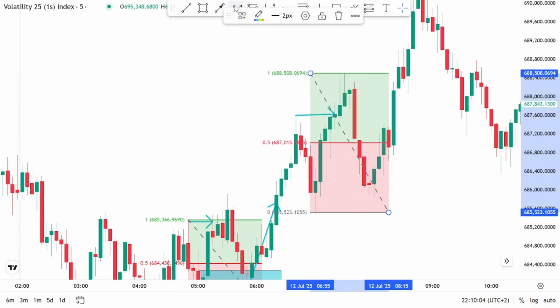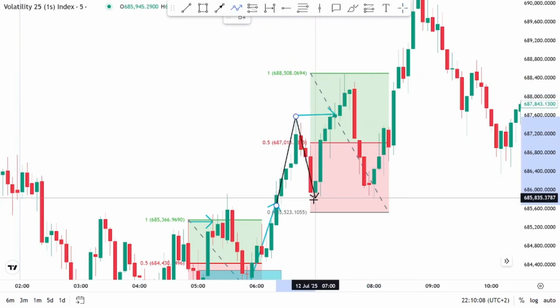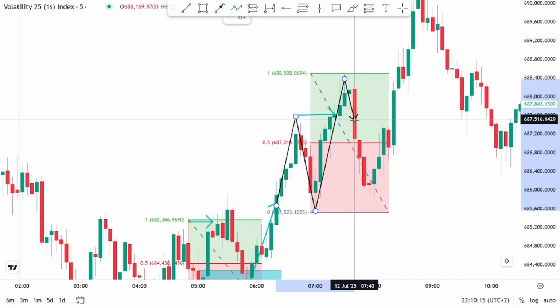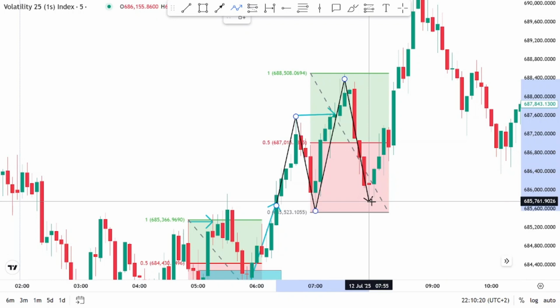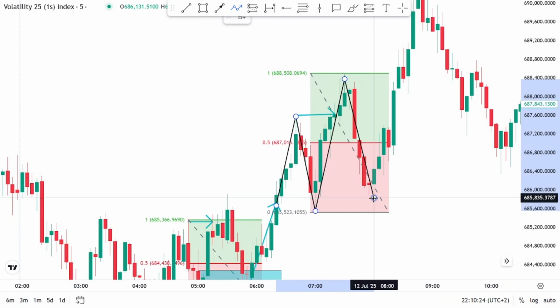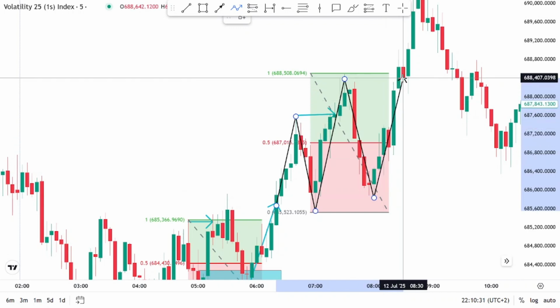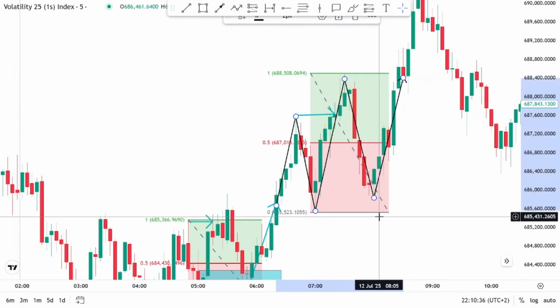Price from there came here, and then second point, and then it broke our structure, and now price is going into our external range. Inside our external range, price went straight to the discounted level, and from the discounted level it mitigated one of our institutional reference points, and it went to our take profit, back to our 100%.